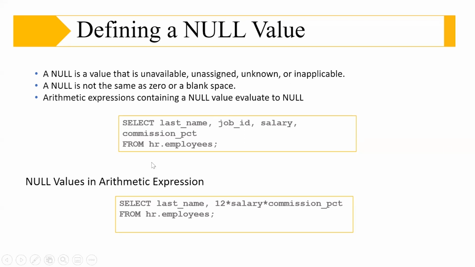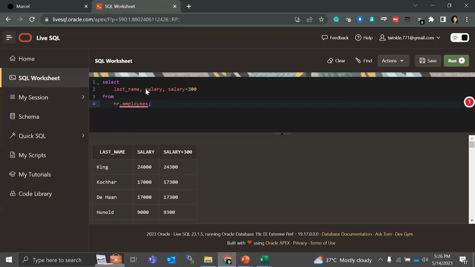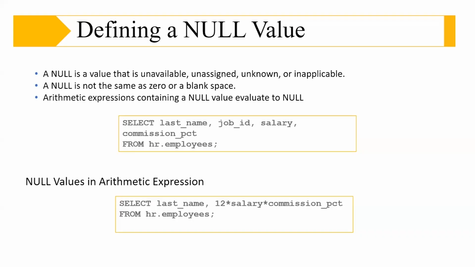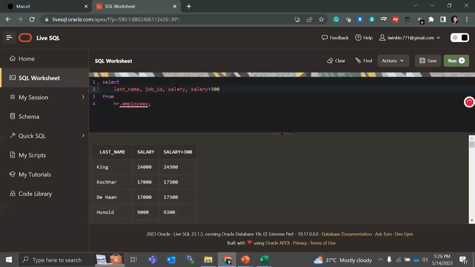Now, when you run this query, let's run it actually: select last name, job ID, salary, and commission percent.